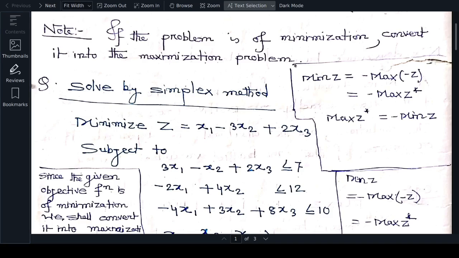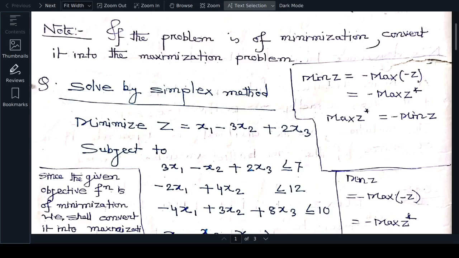If the problem is of minimization, then convert it into the maximization problem. Because when we solve a linear programming problem by the simplex method, we first check whether the problem is a maximization problem or a minimization problem.